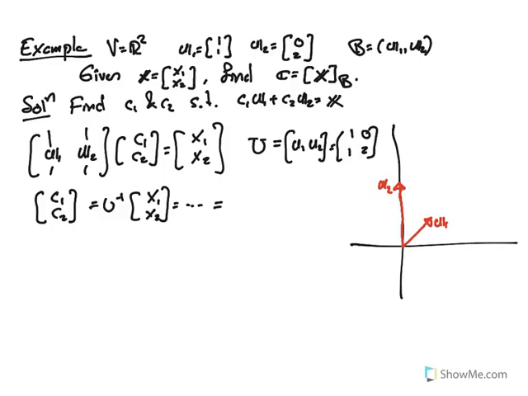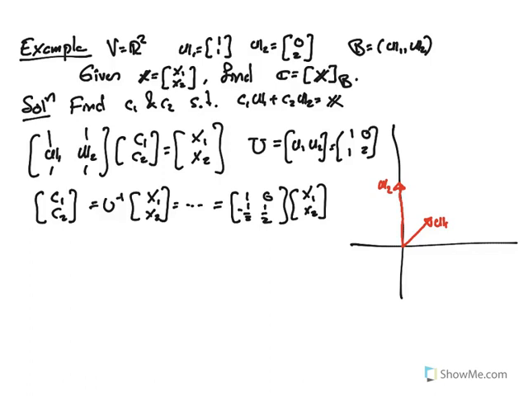And now I'm just going to write it down. What is U inverse? In this case, it is [1, -1/2; 0, 1/2] times (x1, x2).